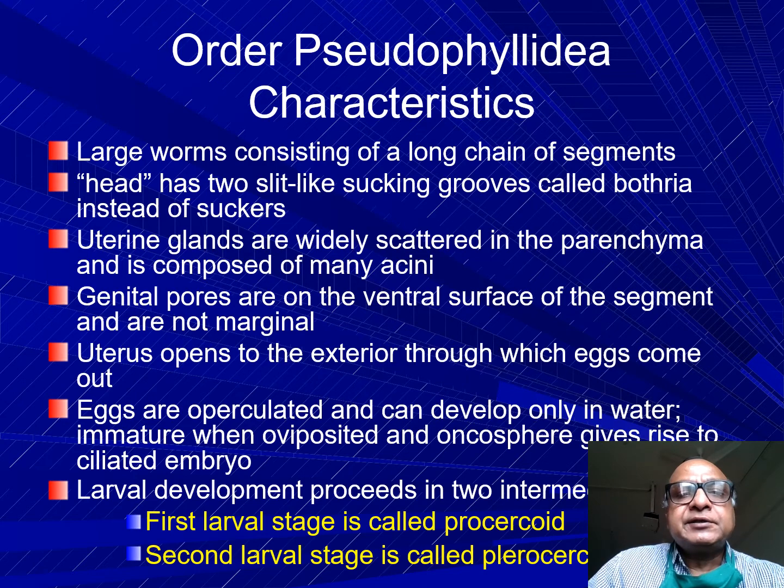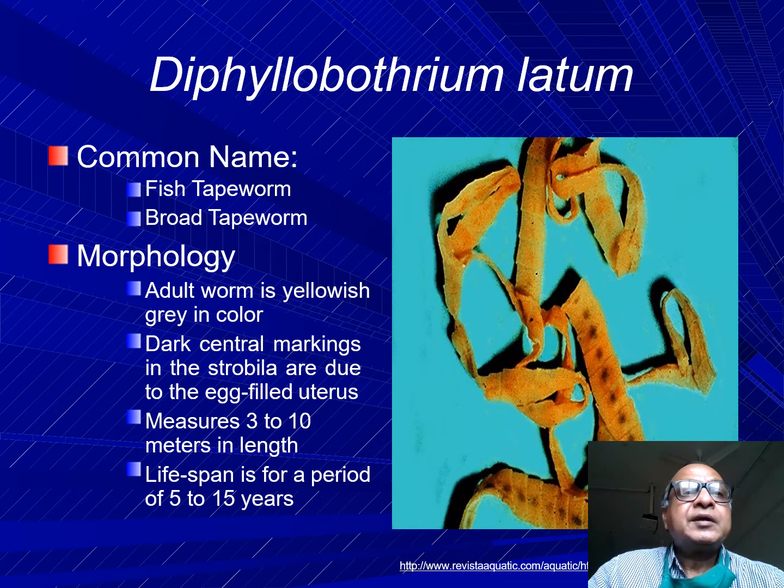Other characteristics of the pseudophyllidean cestodes. Diphyllobothrium latum, the largest tapeworm or fish tapeworm, is also known as the broad tapeworm, broad because its proglottids are broad in comparison to other tapeworms.